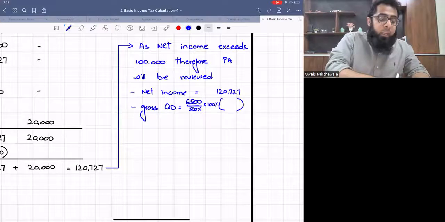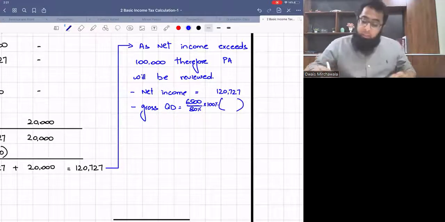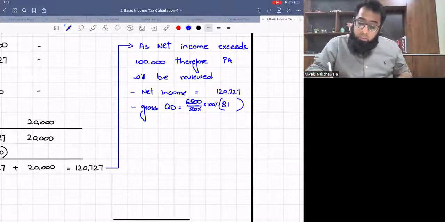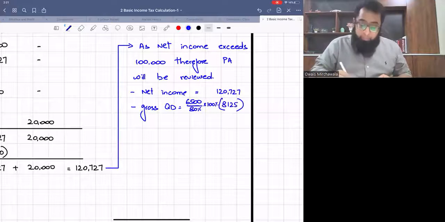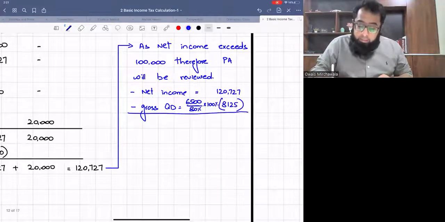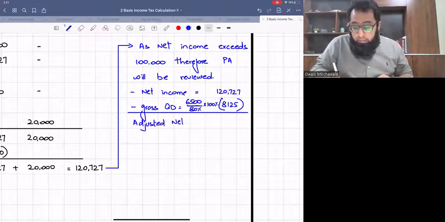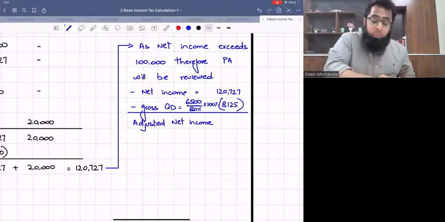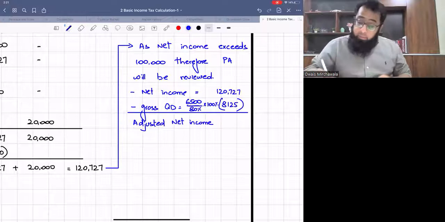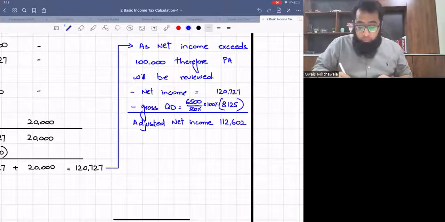If we gross it up, this gives us 8,125. Now our adjusted net income will be how much? 120,727. If I deduct from it, this gives me 112,602.